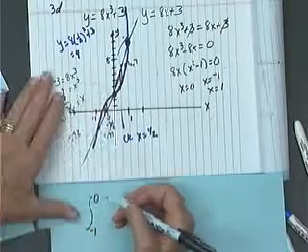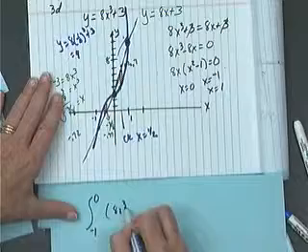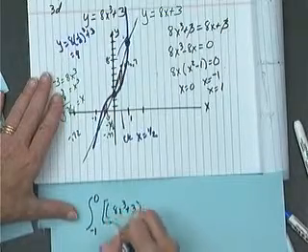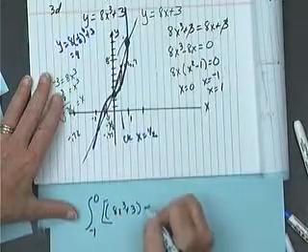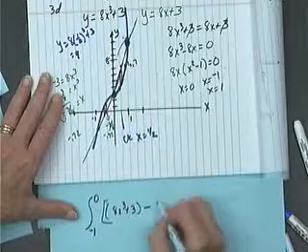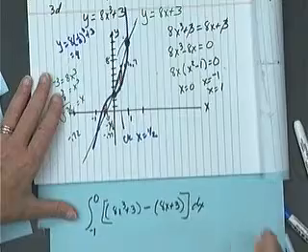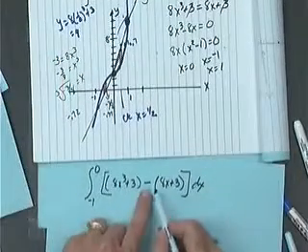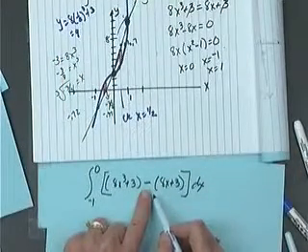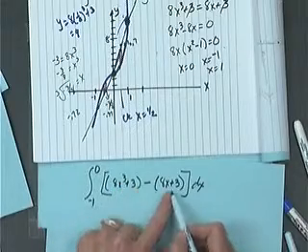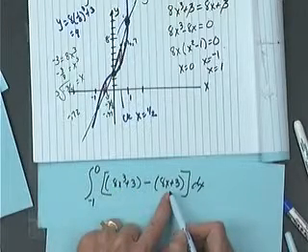My top curve is the purple, 8x cubed plus 3, minus the bottom curve, the green, dx. Please be very careful to use your parentheses because it's top minus the entire bottom.